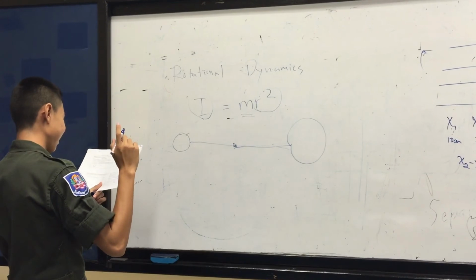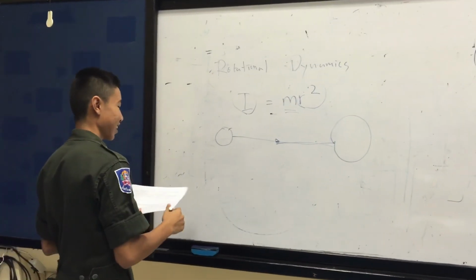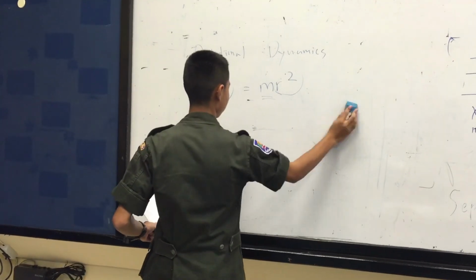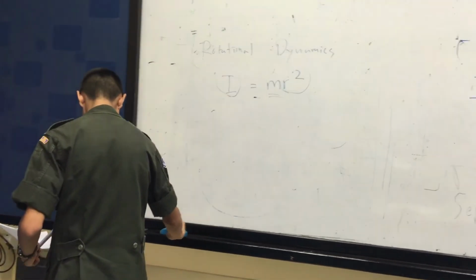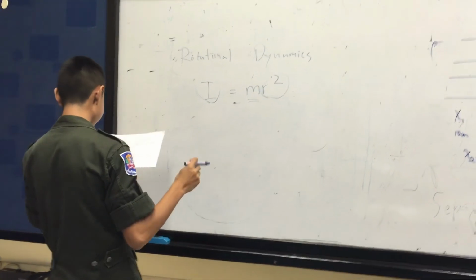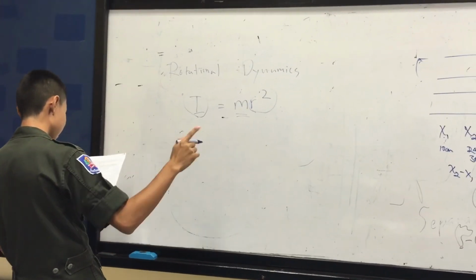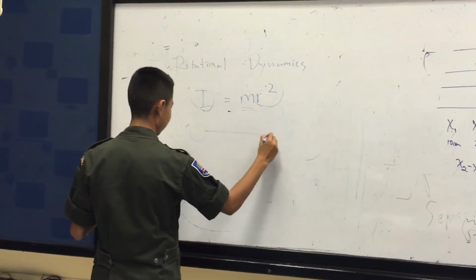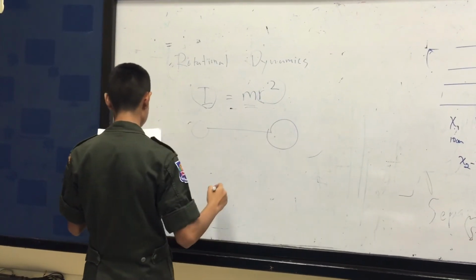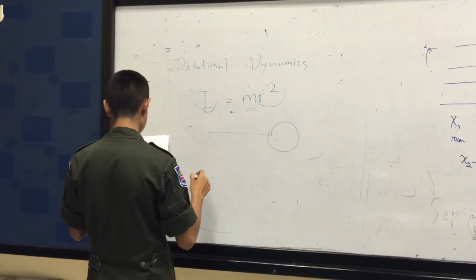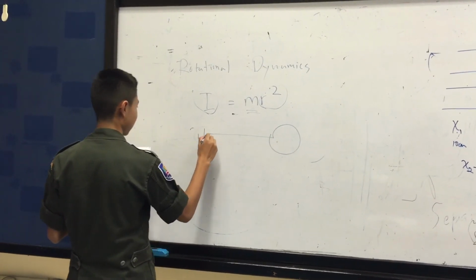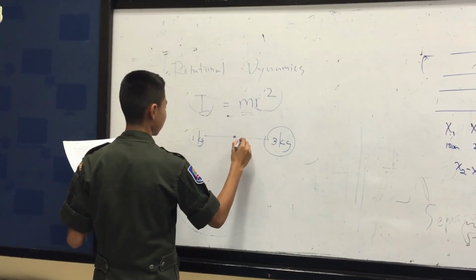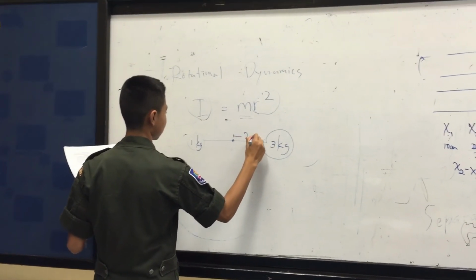So I will make an example. We have a 1 kilogram mass here and a 3 kilogram mass here, at 2 meters.